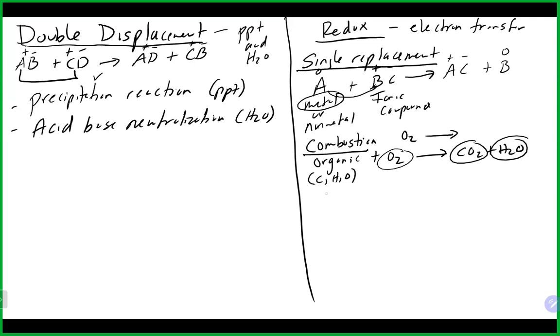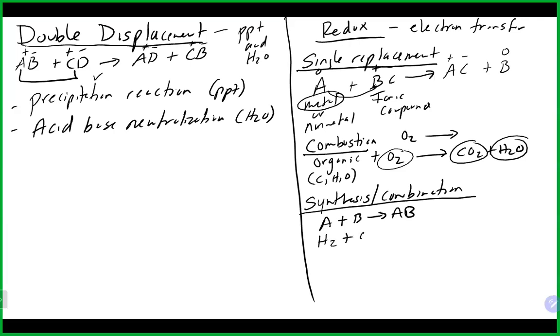We also have a synthesis or combination reaction. That again is like we just saw, two things make one thing. And again, like we saw there, hydrogen plus oxygen makes water. Or even our sodium plus chlorine makes sodium chloride.